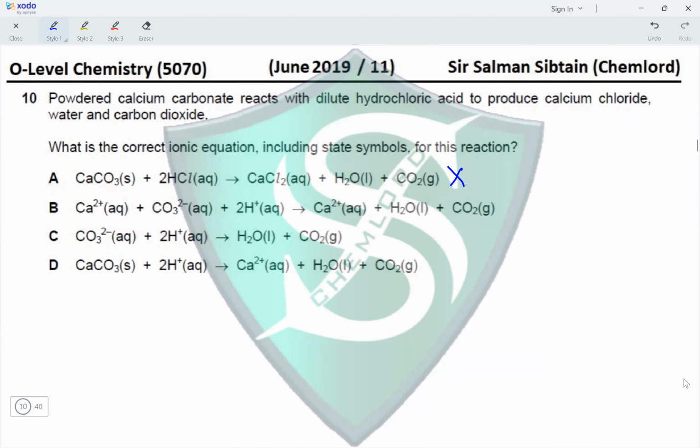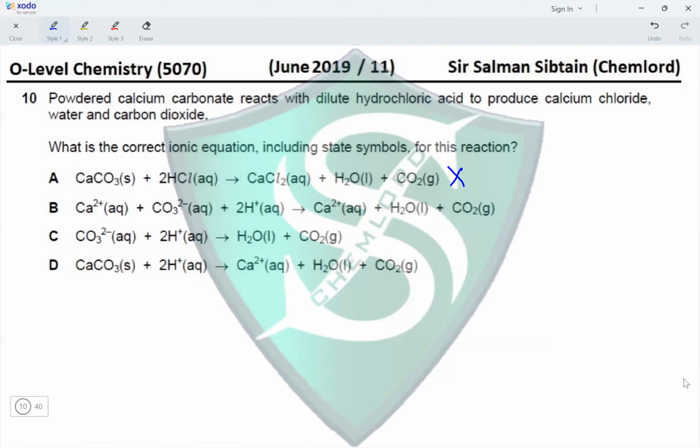Next, Ca2+ plus CO3 2- plus 2H+ gives Ca2+ plus H2O plus CO2. This is not the ionic equation because we have calcium carbonate and hydrogen as the reactants and calcium ions, water and carbon dioxide as the products.